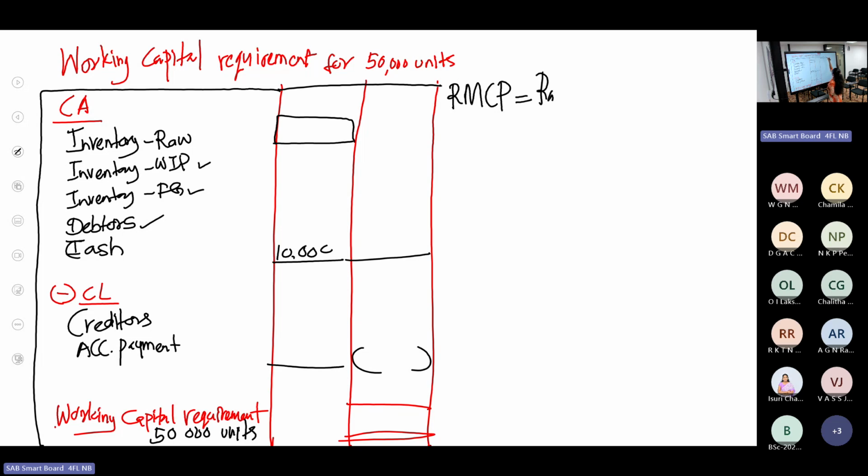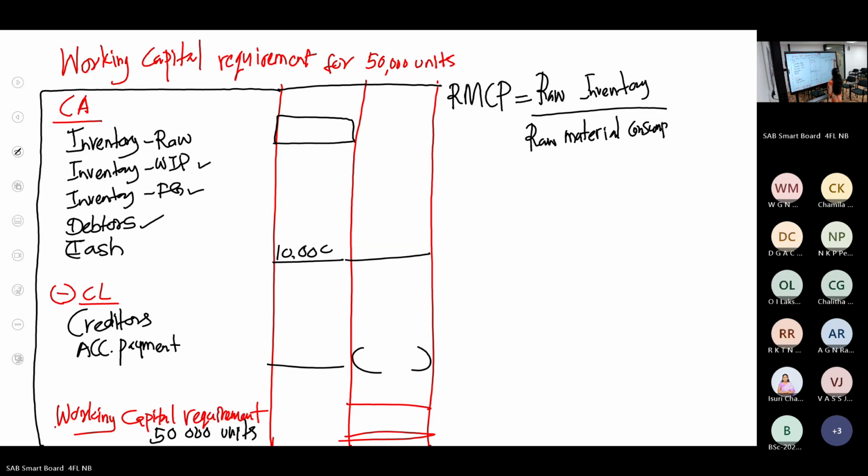Raw material inventory divided by raw material consumption by 365.